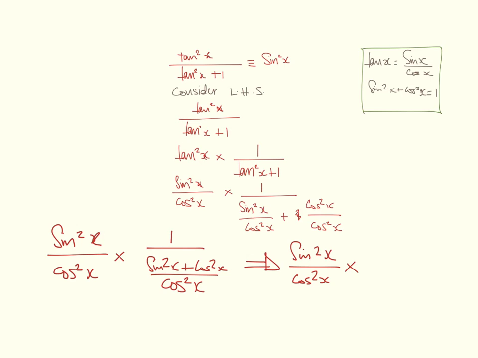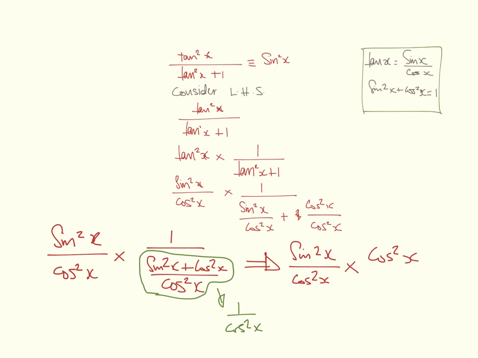So this bit here is 1 over cos square x, and then I have 1 on top of that. So that flips up and turns into just cos square x. Look at the beautiful thing that just happened.